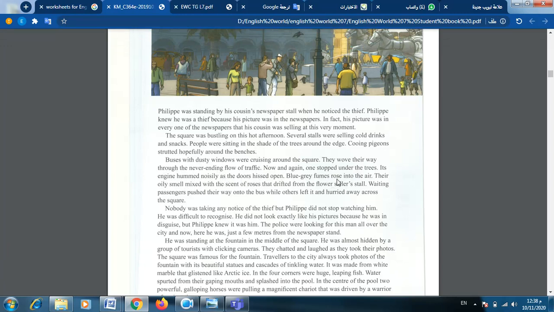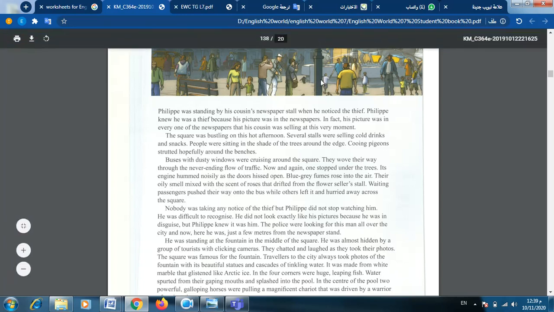Blue-gray fumes rose into the air. Fumes, smoke, blue-gray smoke rose into the air, okay. Their oily smell mixed with the scent of roses that drifted from the flower seller's stall. Yes, oily smell. This is a smell which comes out of the buses, mixed with the scent of roses.